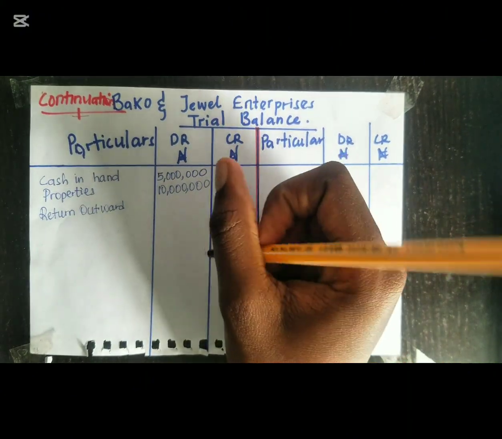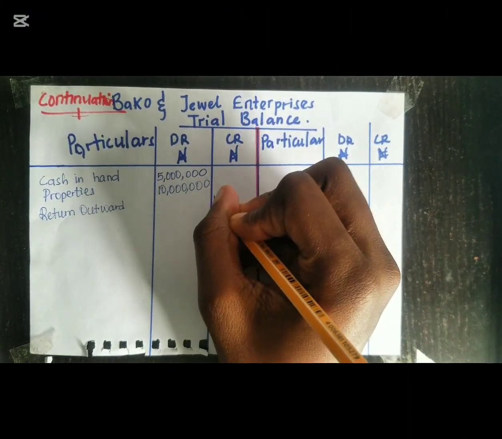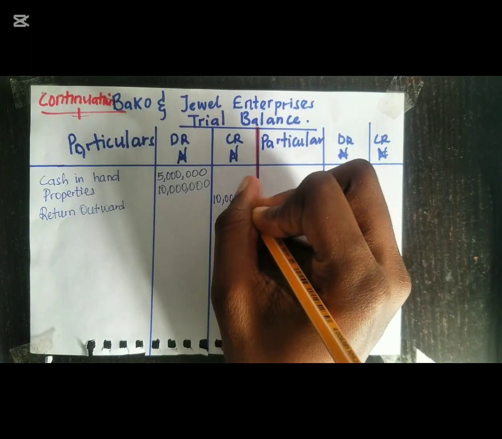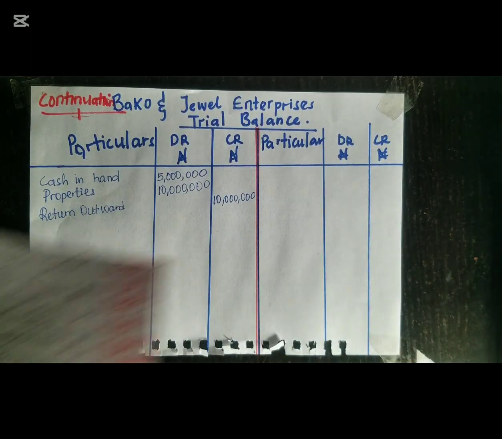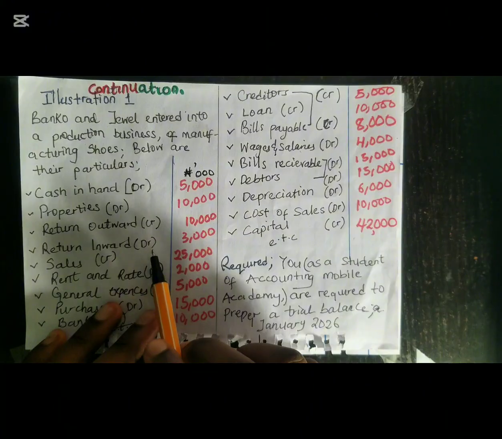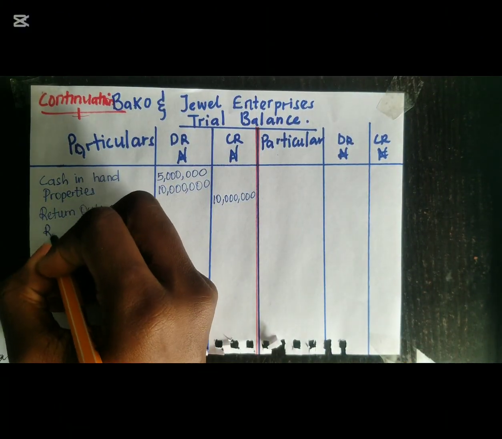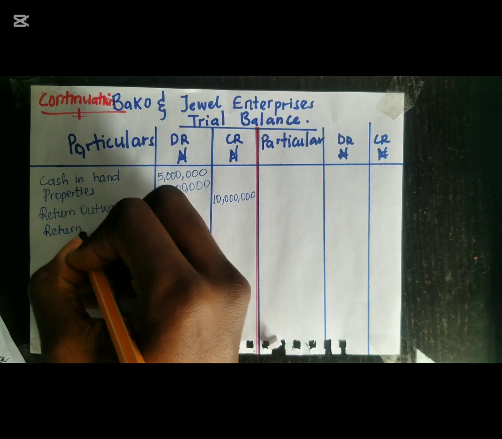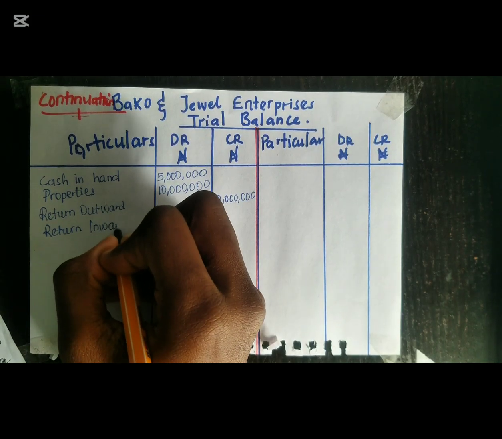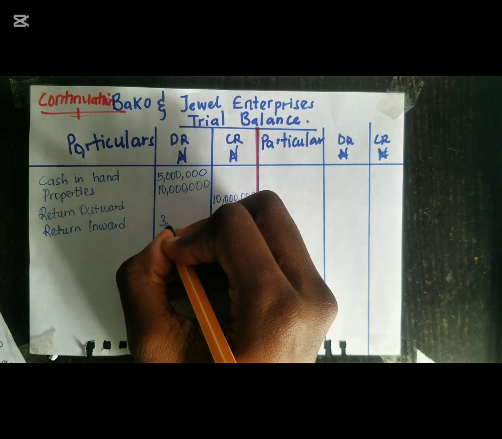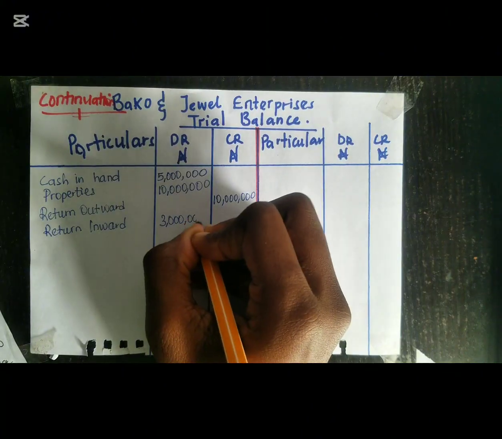Return outward is credited, right? 10 million naira. And then return inwards is debited with 3 million naira. So we're going to write return inward, 3 million naira.